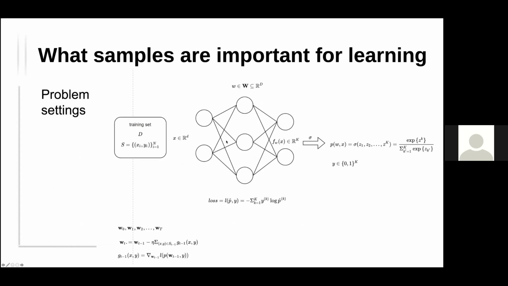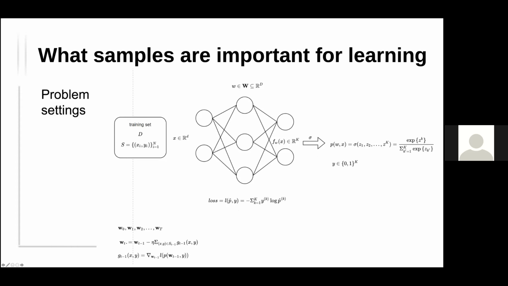We have a neural network with weight W, and the output is the logits before the softmax layer, which we denote as f_W(x). Sigma is the softmax function. After that, we can output some scores, and the loss is the cross entropy loss.